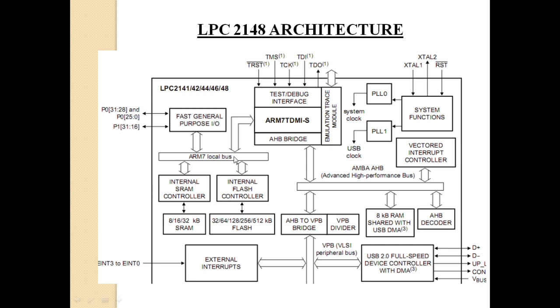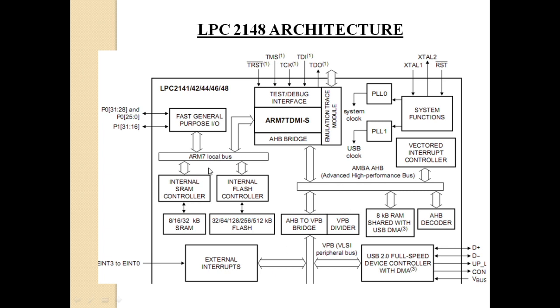You can see that it is directly interacting with the ARM7 processor, right? Then comes the AHB, which will be connected to the high performance devices. When comparing the ARM7 local bus and AHB, AHB will be at slightly lower speed. VPB will be the slowest bus.